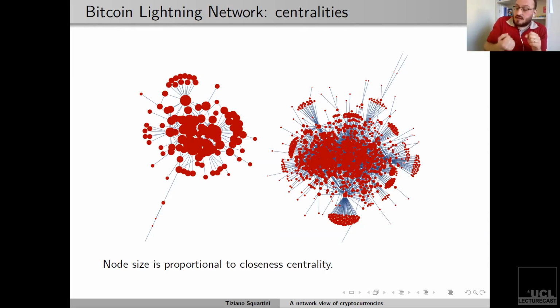However, if you are a peripheral node connected to the hub, you just need to make one step more to be as close as the hub. So for what concerns the closeness centrality, it doesn't make that much difference if you are a hub or a peripheral node connected to the hub. And that's why the Gini coefficient remains quite stable. So the closeness centrality doesn't provide you so much difference.